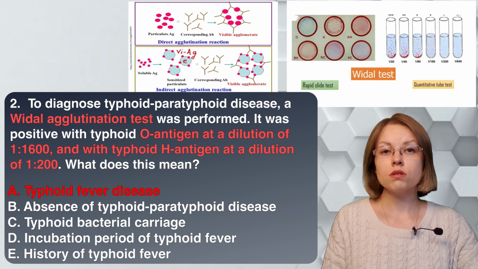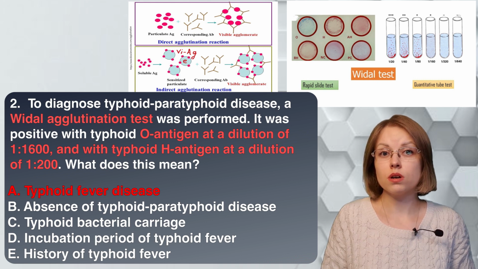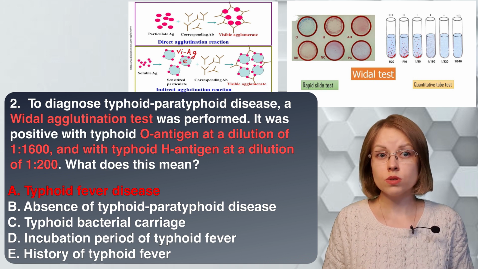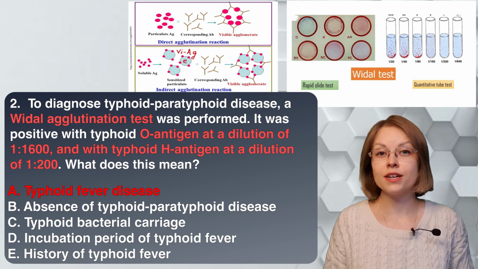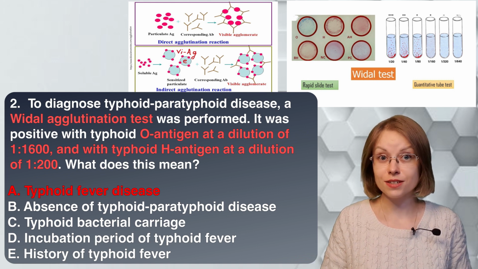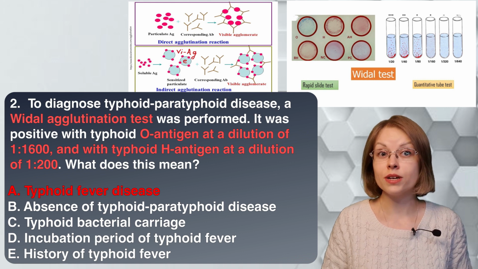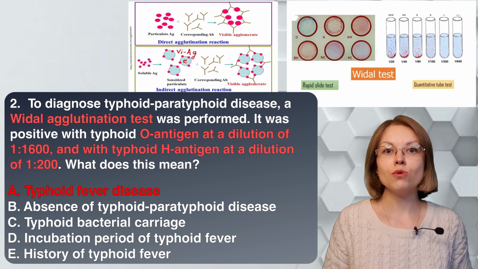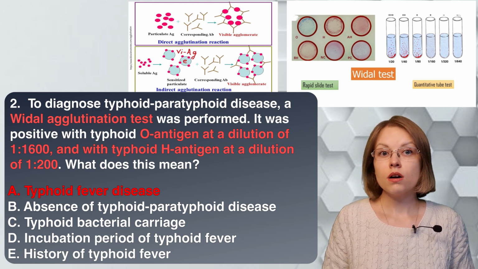Distractor E cannot be correct either, because the anamnestic titer will only be diagnostic after an illness or after vaccination, and in this test task a positive result is indicated with O diagnostic. Therefore, the correct answer is A, typhoid fever.